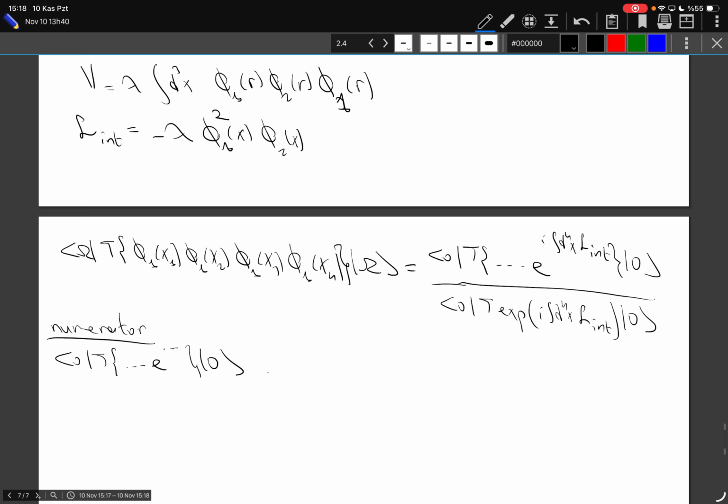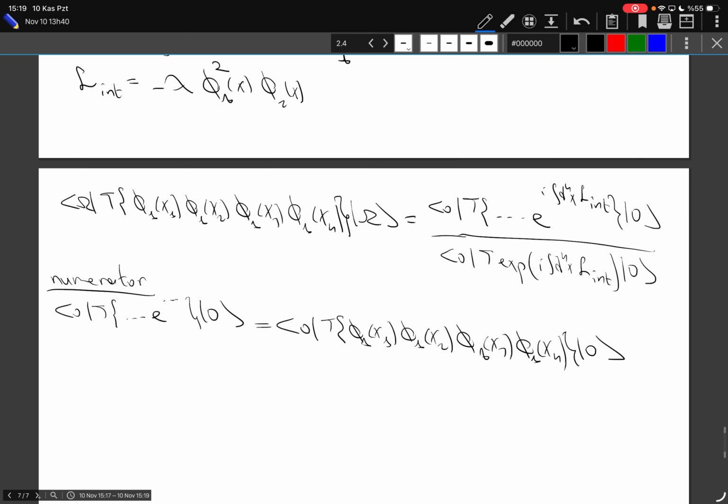Well, what is this? I have the vacuum expectation value of the time ordered product of phi 1 of x1, phi 1 of x2, phi 1 of x3, phi 1 of x4. I had already calculated this.